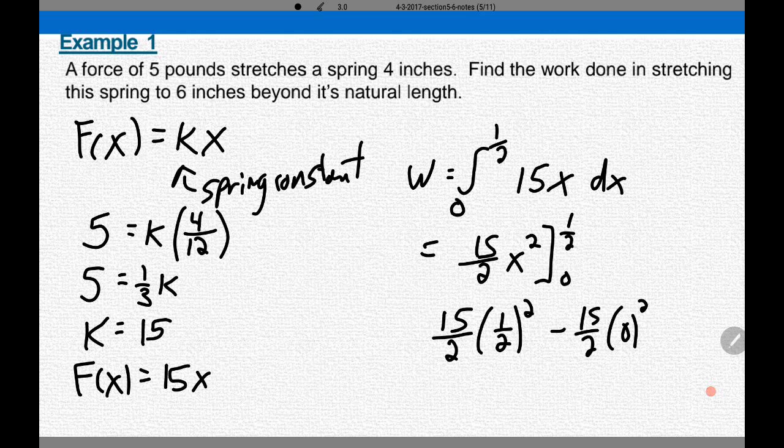And 1/2 squared is 1/4. 15 times 1 is 15, 2 times 4 is 8, so that would be 15/8 foot-pounds, which is my final unit for work, because my force is in pounds and my distance is in feet.